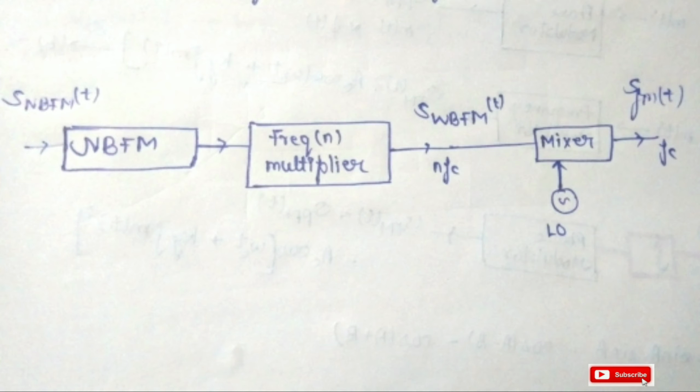The mixer has two inputs, so it simply adds and subtracts the frequencies. Let us assume that the crystal oscillator frequency is 0.6. So if we subtract 0.6 from 95, then the resultant will be 94.3 FM, or 95.6 FM. In this way we obtain our desired frequency, and that is the role of the mixer. So in this way we obtain our desired overall frequency modulated signal.